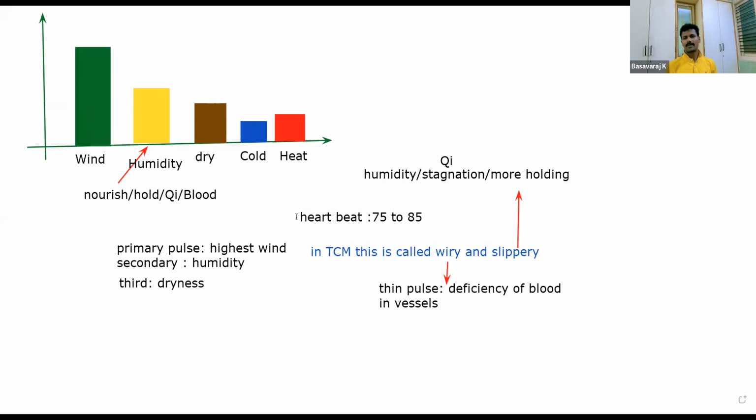Because wind is a very thin pulse. The same humidity with cold, let's say cold and humid, means stagnation in the body, excess holding in the digestion system, which is creating the dampness. Understood?